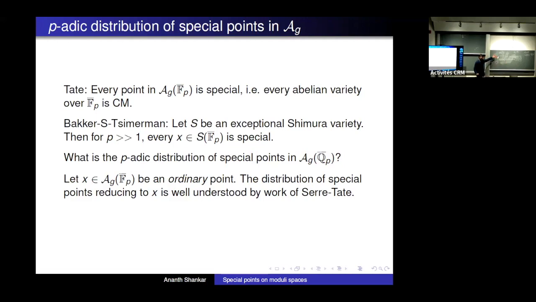Even though the answer is quite different from the complex case, you have a full and complete description. Every ordinary point has a CM lift. There's a distinguished CM lift because the set of torsion points has a distinguished element, namely the identity. And these torsion points are extremely well spaced out and very well understood. So the ordinary case is easy to understand.